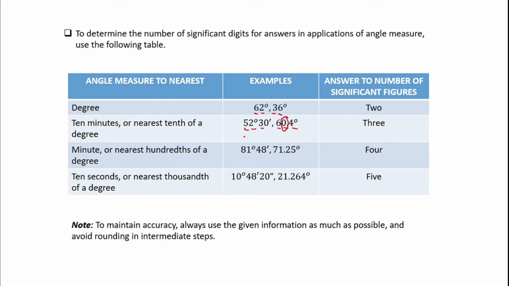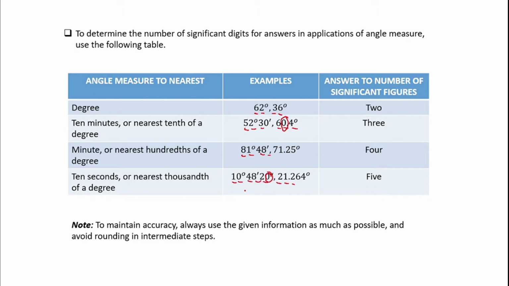That is 10 minutes, or nearest tenth of a degree. And so on, we have 4 significant figures and 5 significant figures. Here, 0 is not included because it is not part of the significant figures. So our answer should have the same number of significant figures.